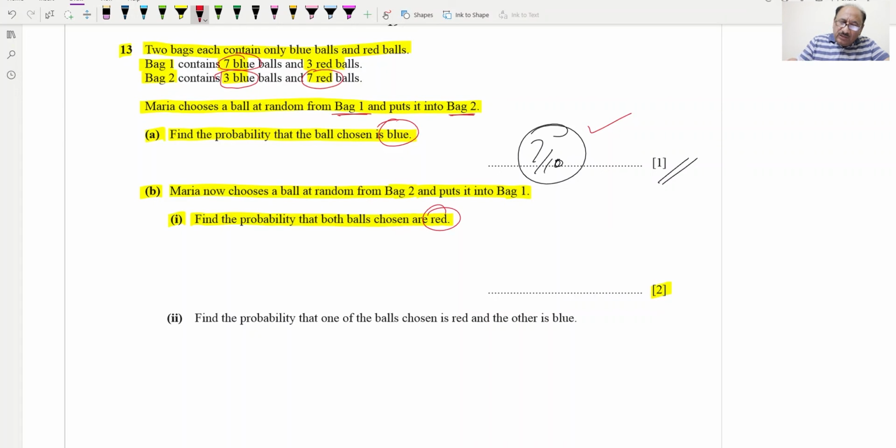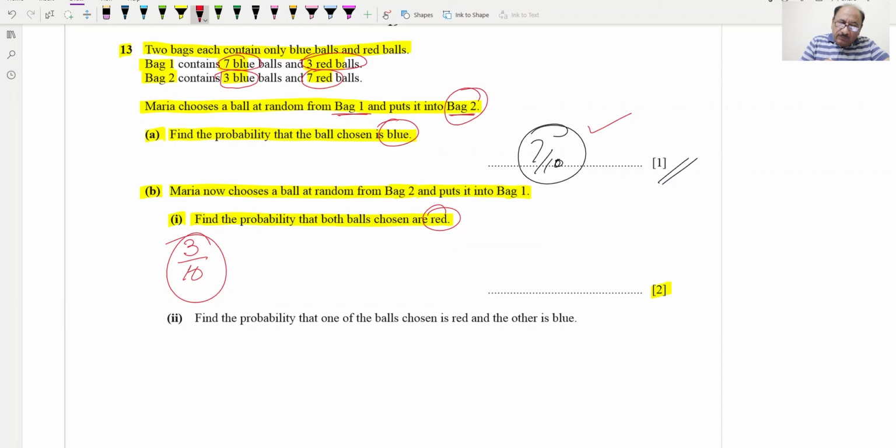So the probability for the first ball to be red is 3 out of 10, because there are 3 red balls. And this is the red ball which Maria has replaced in bag 2.